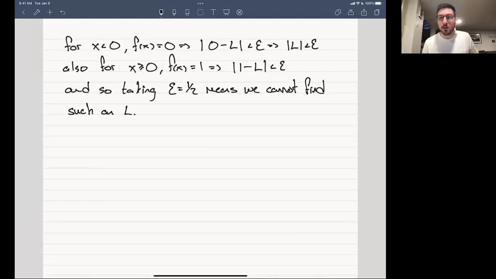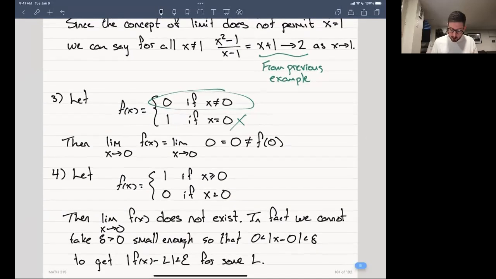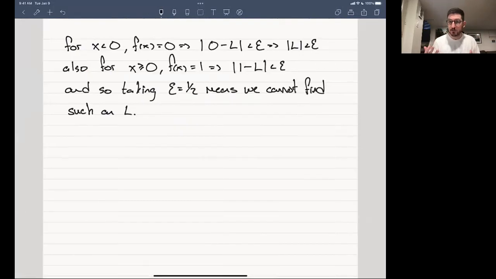Because this would mean that you need to have L within a distance smaller than 1/2 to 0, and smaller than a distance of 1/2 to 1. That's not possible. You can never do that. So you're never going to be able to find a delta small enough, because that delta is allowing you to take positive and negative x's in here to find that f of x minus some potential limit is less than epsilon.